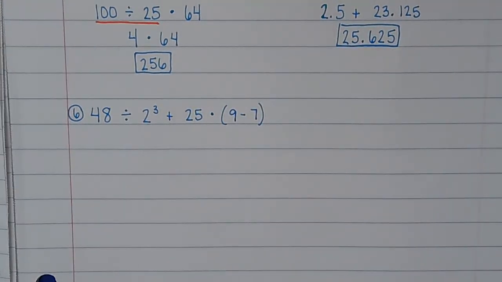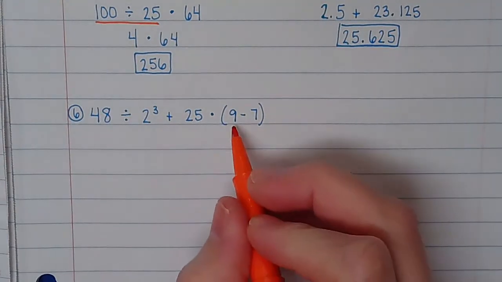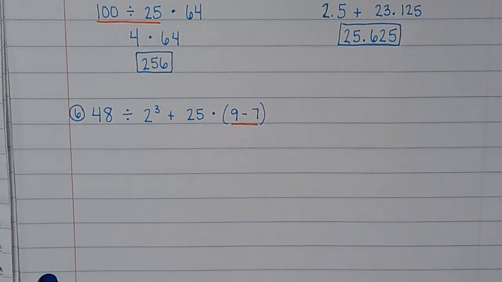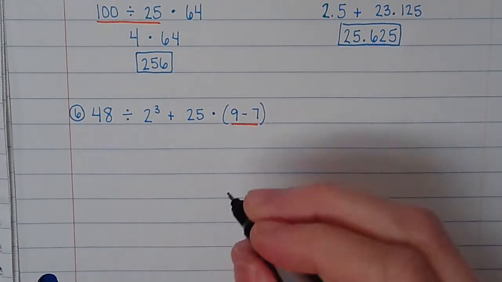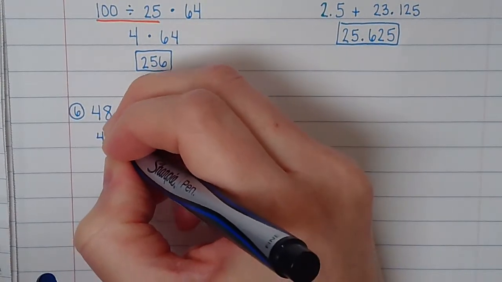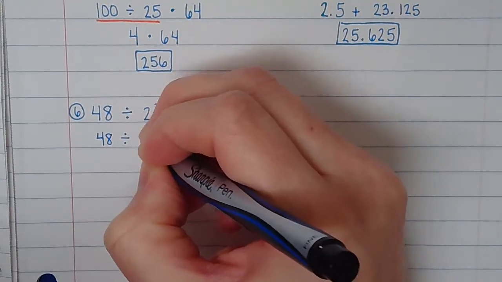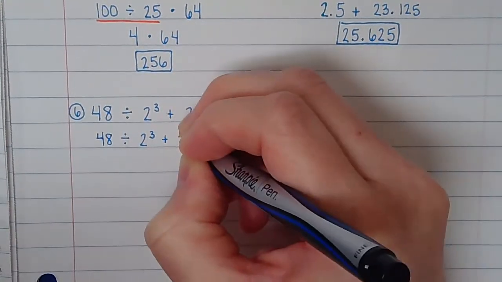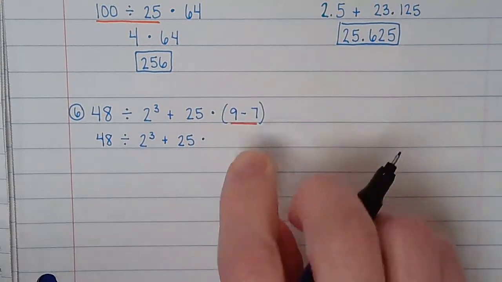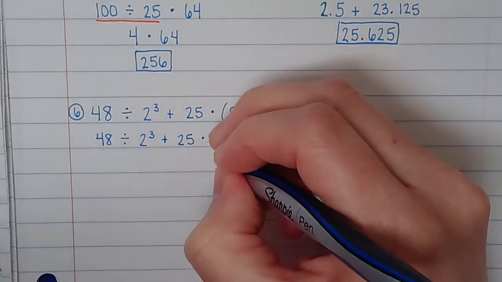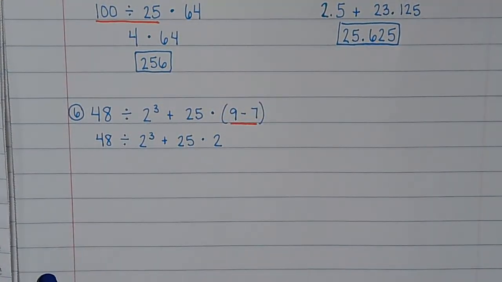A lot going on in this one. All right, take it one letter at a time. P, do I have any parentheses? Yes, right here. Doesn't matter that it's the very last thing listed. You still have to do it first because it's parentheses. So let's rewrite everything else. Leave it exactly the same. 9 minus 7 is 2. Okay? So no more parentheses.